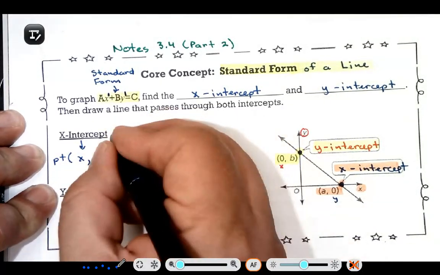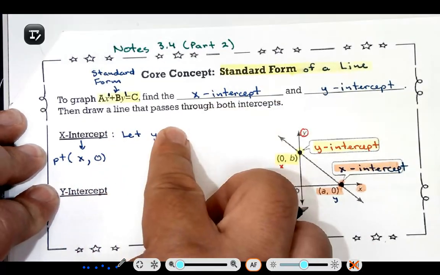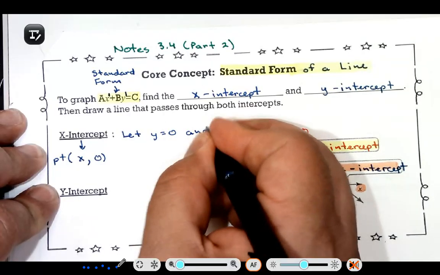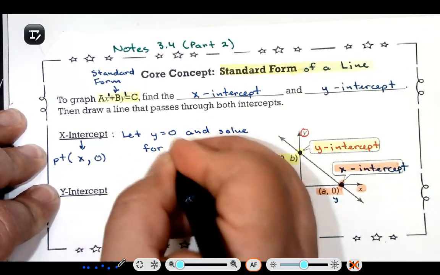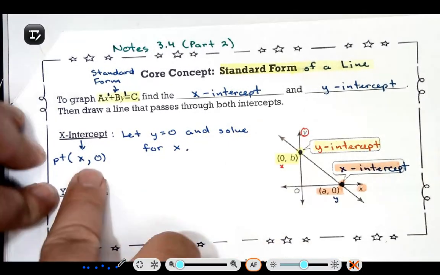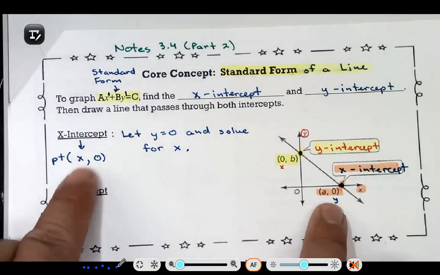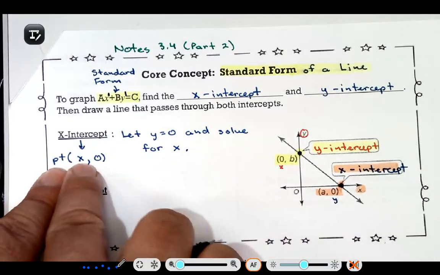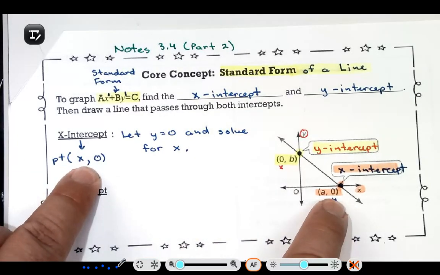So that's why the note says we're going to let y equal 0, plug it in, and solve for x, because that's why it's an x-intercept. We have to solve for that letter, and like we said, your point is always going to be written in this form. I know they used a, x, it doesn't matter what we use there, but we want to find that value.